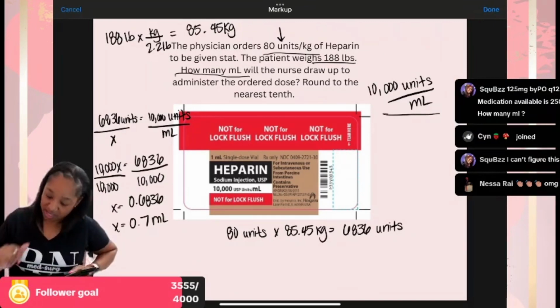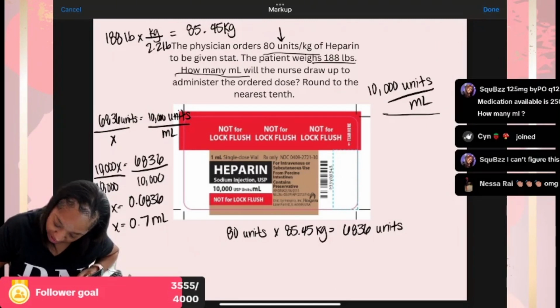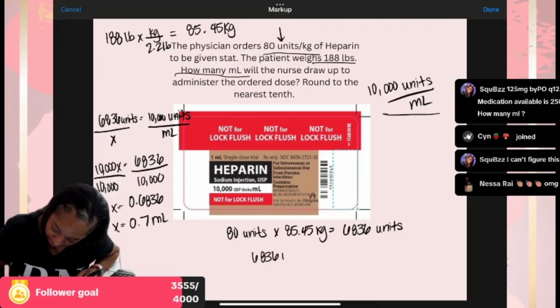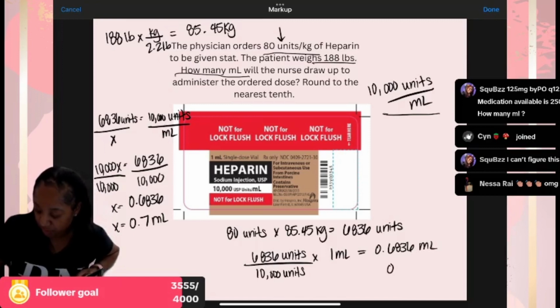Okay. So then, if you want to do desired over half, we desire, I'll just do it at the bottom, 6,836 units, 10,000 units over 1 ml, and you will get the same thing.